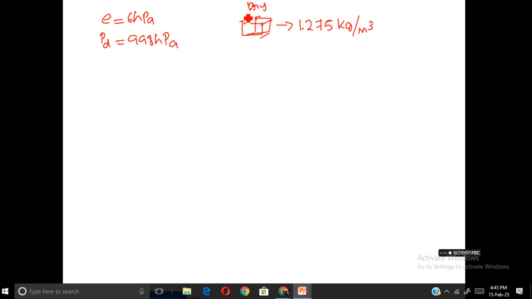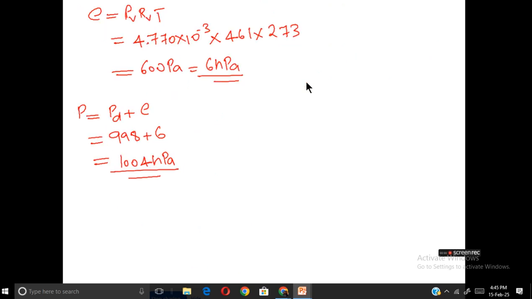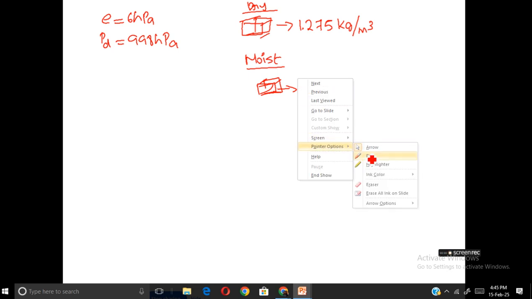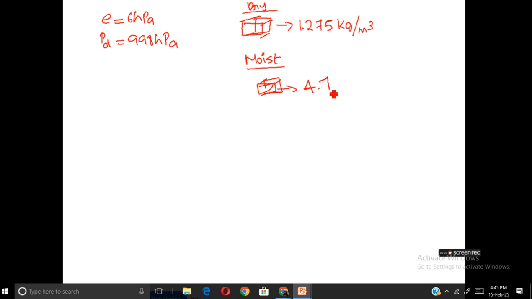Then we have the moist air parcel, at a density of 4.77 into 10 raised to minus 3. So E and PD we know. This is rho d, this is rho m. We want to make rho d equal to rho m.